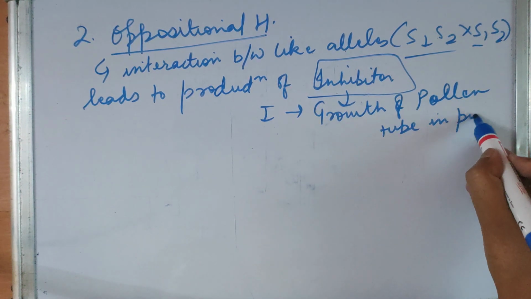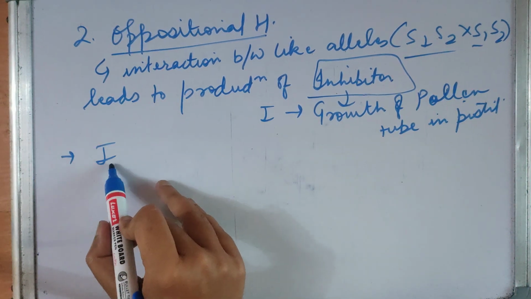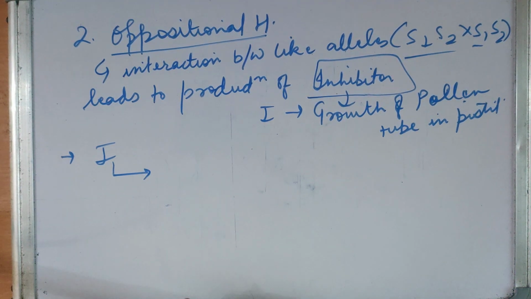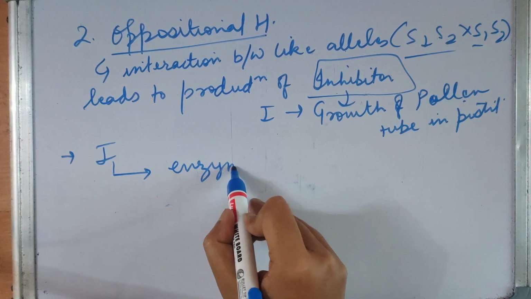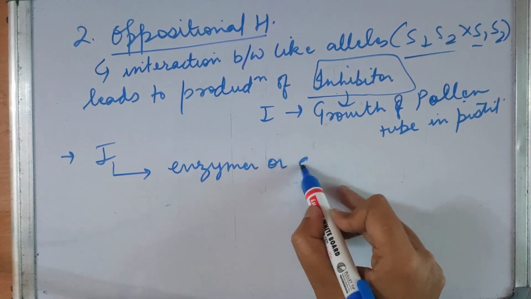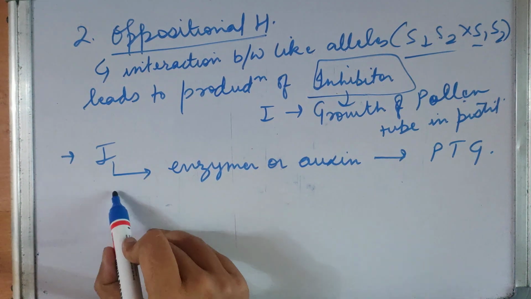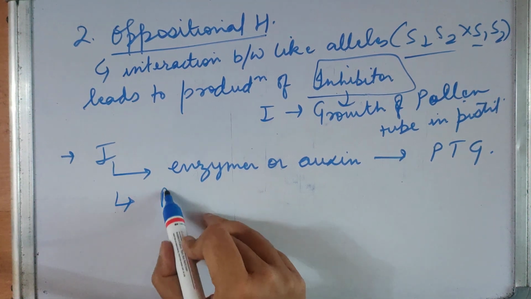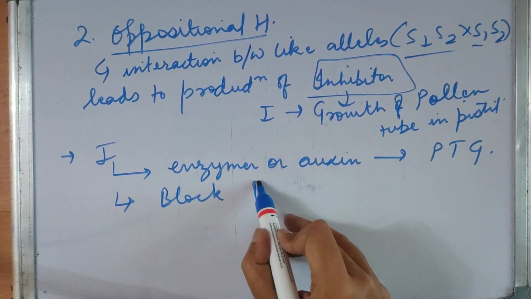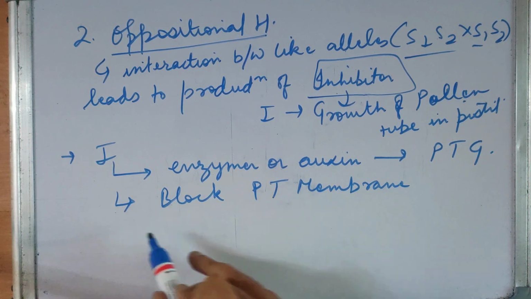Here the inhibitor can act in three ways. First, it may inhibit an enzyme or auxin which is necessary for pollen tube growth. Secondly, it may block the pollen tube membrane.